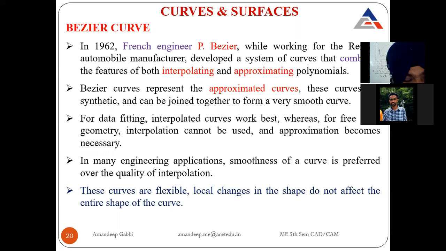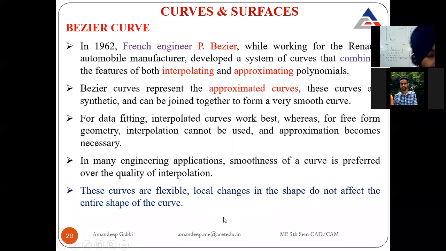For data fitting, interpolating curves work best, whereas for free form geometry, interpolation cannot be used and approximation becomes necessary. In many engineering applications, smoothness of the curve is preferred over the quality of interpolation.